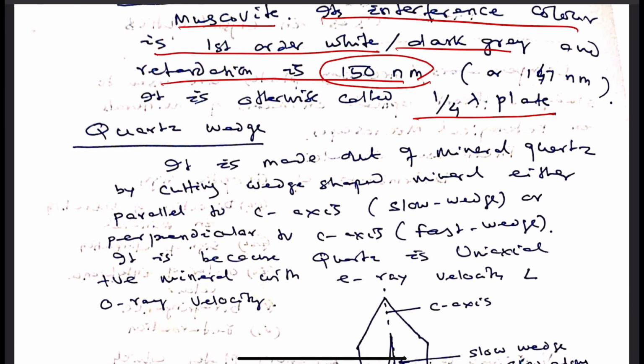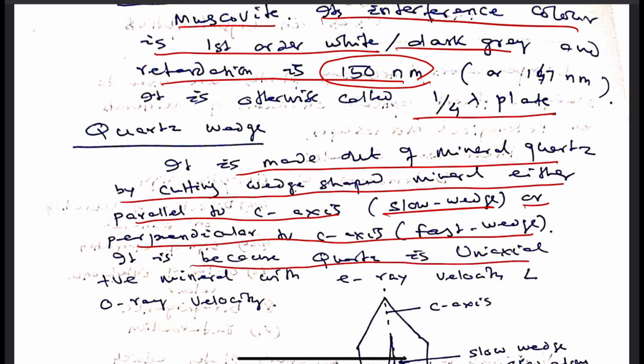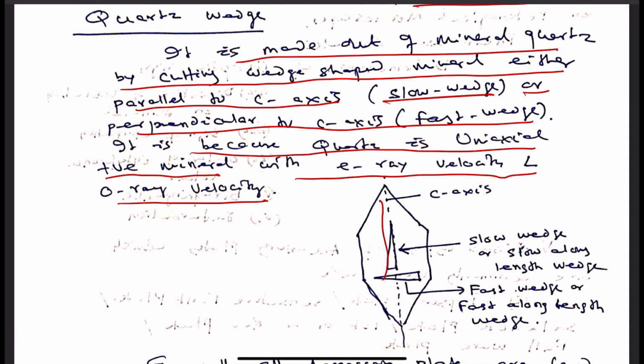Then we have the third type of accessory plate, which is called the quartz wedge. It is made out of the mineral quartz by cutting a wedge shaped piece from it either parallel to the c-axis, which is called a slow wedge, or perpendicular to the c-axis, which is called a fast wedge. It is because quartz is a uniaxial positive mineral where the E ray velocity is less than that of the O ray, and the E ray always vibrates parallel to the c-axis.